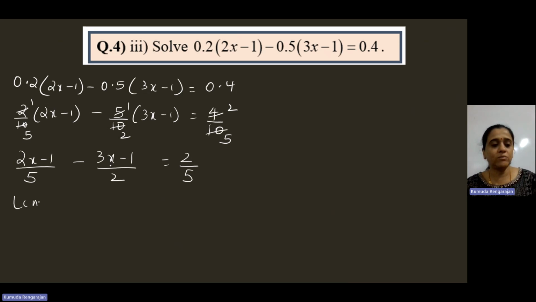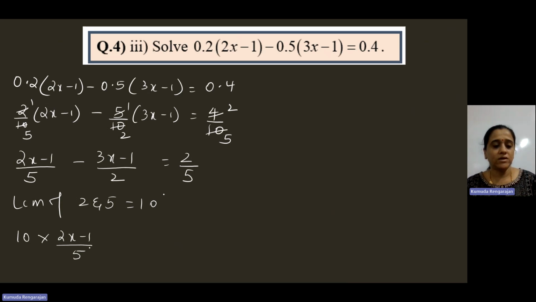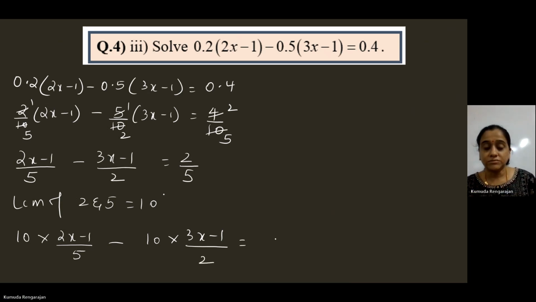So what's the LCM of the denominators? LCM of 2 and 5 is 10. So what do you have to do? Multiply every term by 10. So 10 into 2x minus 1 by 5 minus 10 into 3x minus 1 by 2 is equal to 10 into 2 by 5.